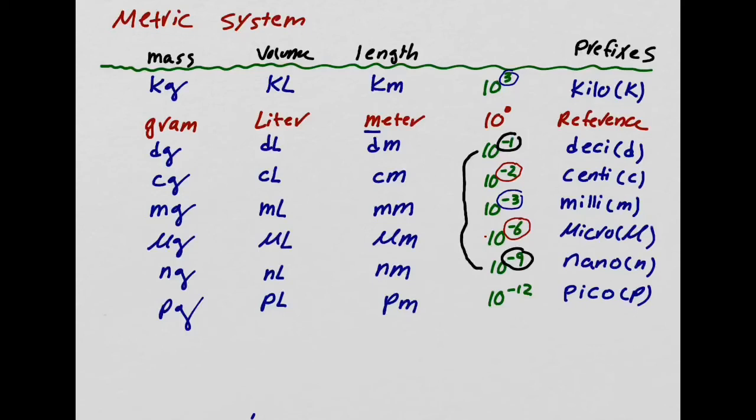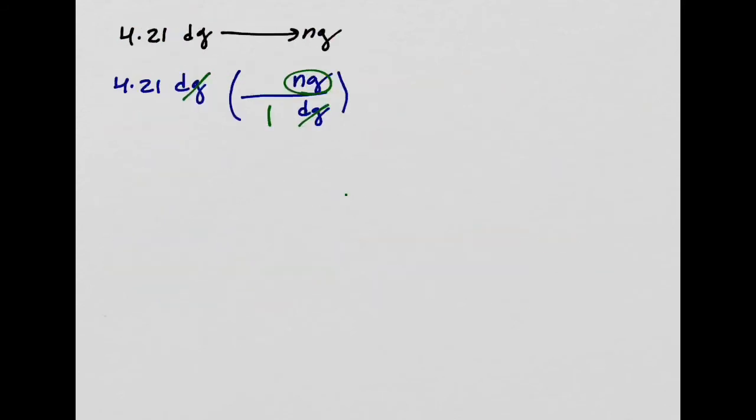To get from -1 to -9, I need 8 displacement, right? So the magnitude is 10 to the 8th. I need 8 to get from -1 to -9. So that means I would put 1, 2, 3, 4, 5, 6, 7, 8 zeros. That means the magnitude is 8. So far so good.